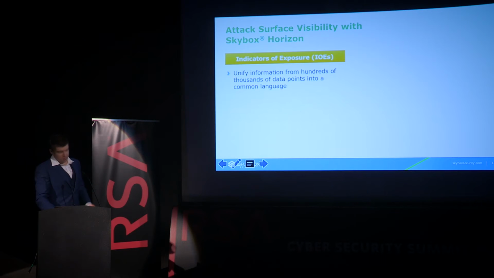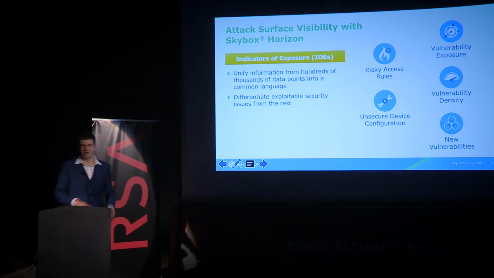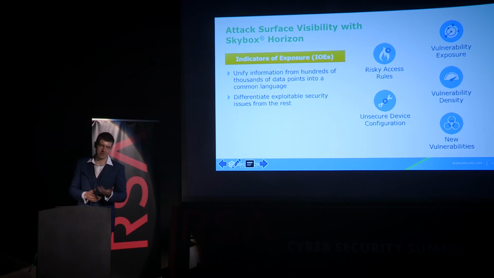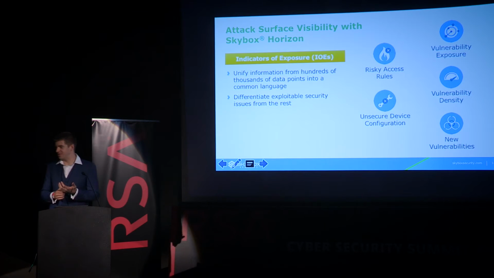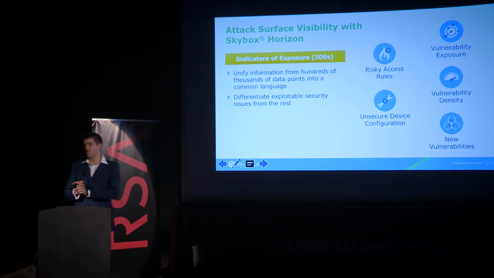For CISOs, we have a different view. They may be interested, but they typically don't have a lot of time to get into the technical stuff. So for them, the indicators of exposure are really important. This year we released a product called Skybox Horizon. It was announced as the most innovative product of the year by CS Magazine.